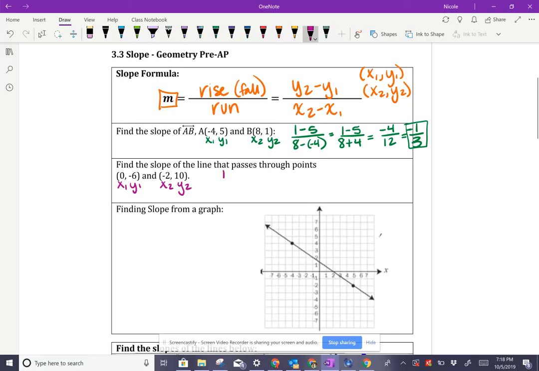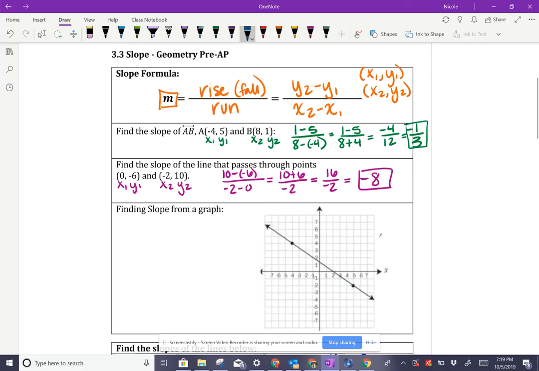And we'll say 10 minus a negative 6 over negative 2 minus a 0. 10 minus a negative 6 turns into 10 plus 6. Negative 2 minus 0 is just going to be a negative 2 by itself. And we'll continue with simplifying this. 10 plus 6 is 16 over negative 2. 16 divided by a negative 2 turns into a negative 8, so our slope is a negative 8.